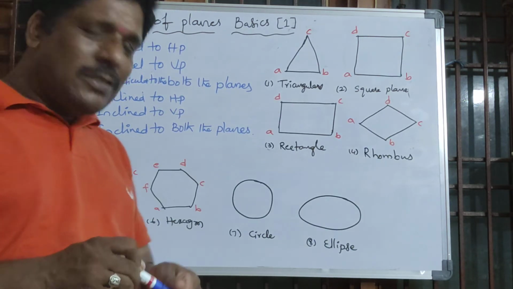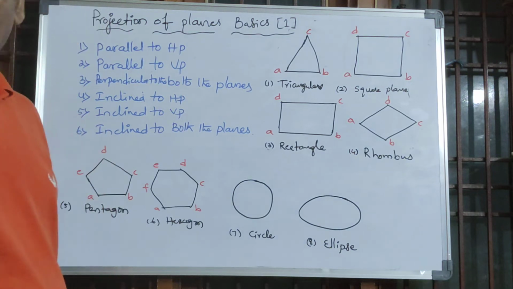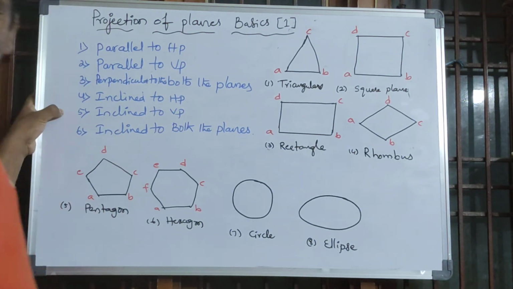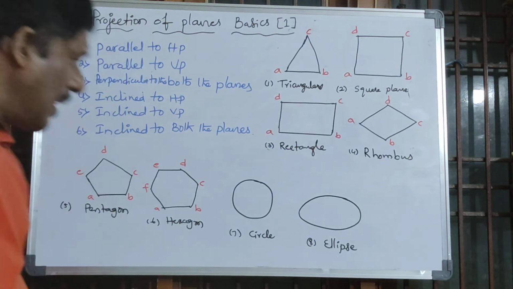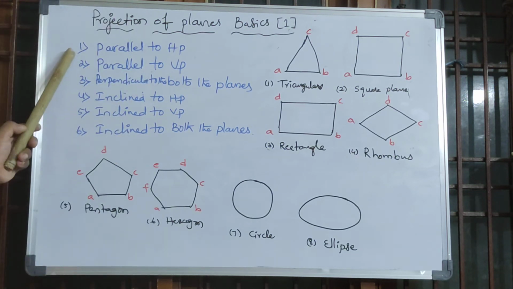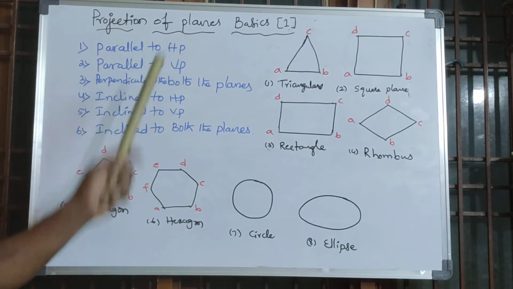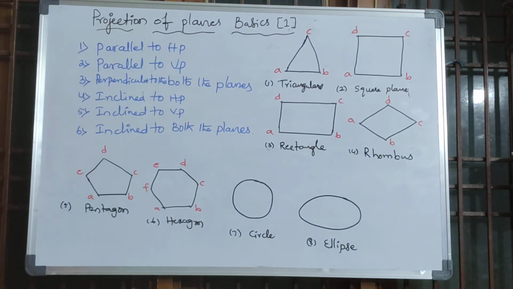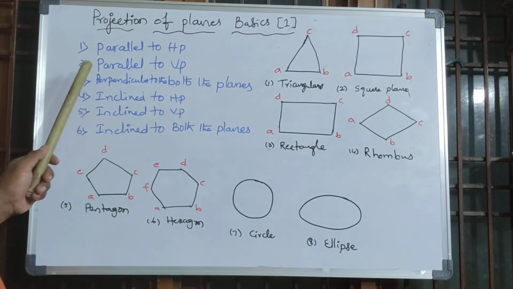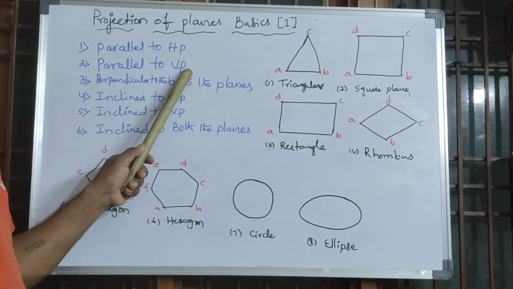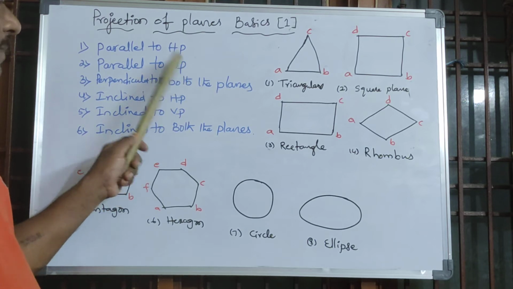What we discussed in lines, in the same manner here also we have different positions. You can see here, the first condition is the plane is parallel to HP. The second position is the plane is parallel to VP, the vertical plane.